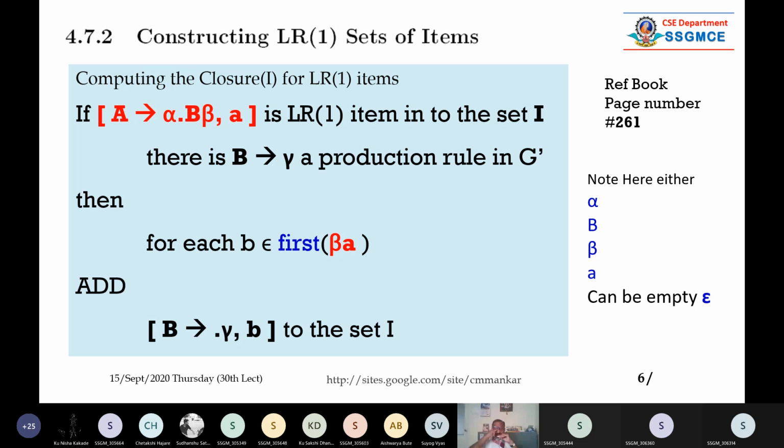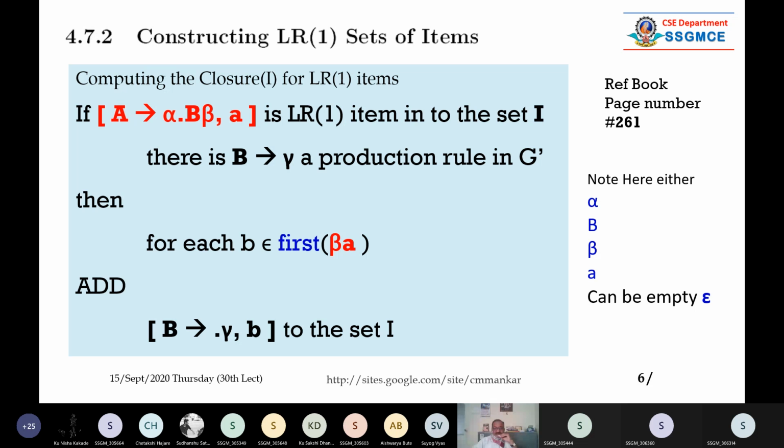So if there is some production rule like this, where the dot is in front of some capital letter like B, then in the given grammar, there can be multiple production rules for B, like B giving gamma. So we have to add such rules into the closure set. And we have to compute the lookahead for the newly added production rules by using this pattern matching like logic.